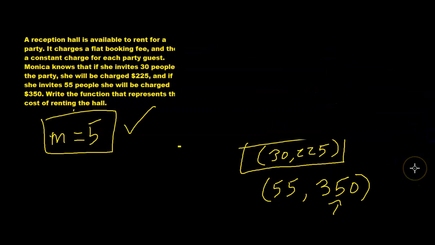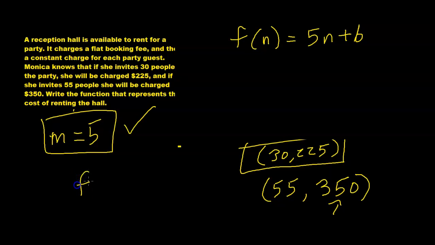All right, let's make some room. What do we know? We know that f of n equals 5n plus b. And we know that f of 30 equals 225.